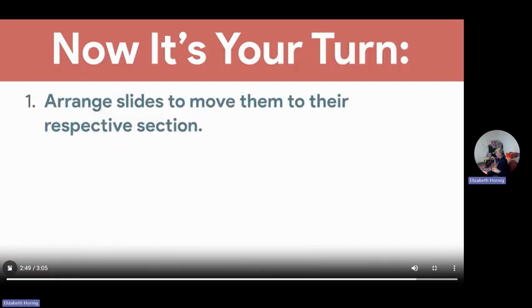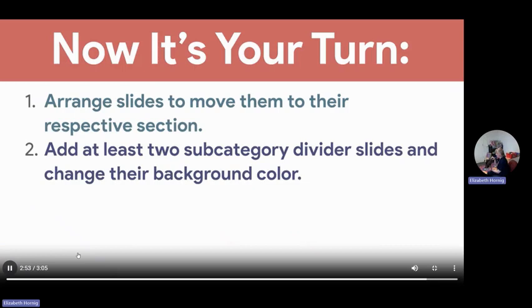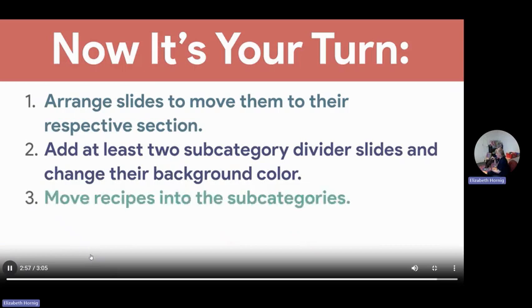Now it's your turn. Arrange slides to move them to their respective section. Add at least 2 subcategory divider slides and change their background color. Move recipes into the subcategories and preview your presentation.